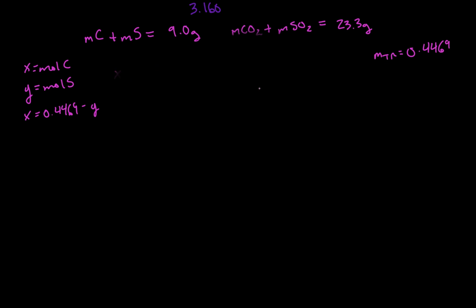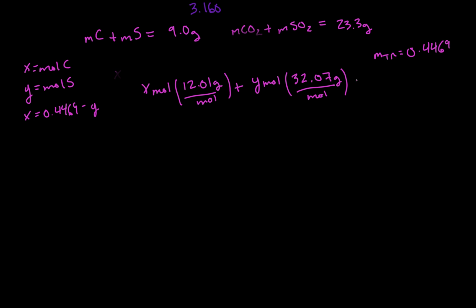And let's do the real kahuna. Okay, so X moles of carbon, we're writing the formula weight here, 12.01 grams per mole, plus Y moles of sulfur, and this is 32.07 grams per mole.